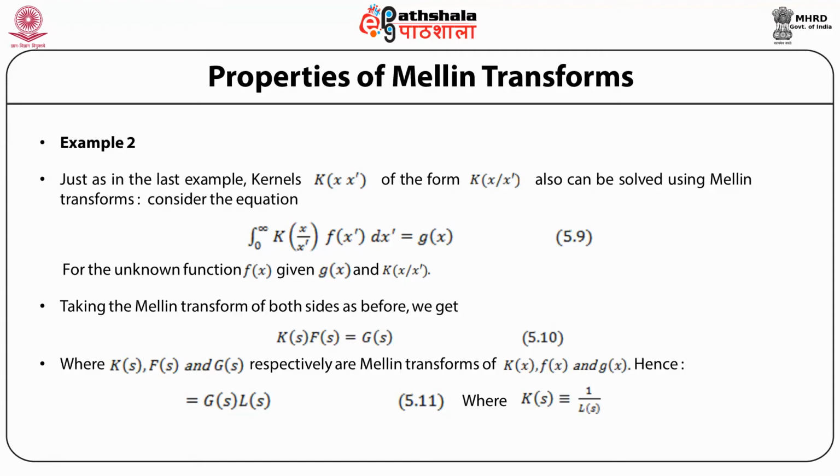We define L(s) as 1 upon K(s). We write F(s) equals G(s) into L(s). Now taking the inverse Mellin transformation, we immediately get the solution that f(x) is equal to the integral from 0 to infinity of the function L(x/x') into g(x') integrated over dx'. Thus we have again obtained the solution in terms of the known functions g and L, which is related to k.